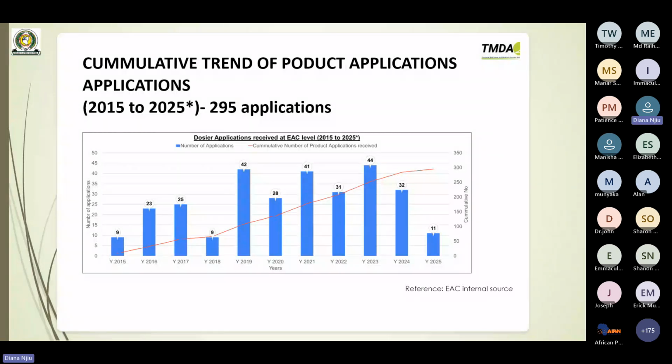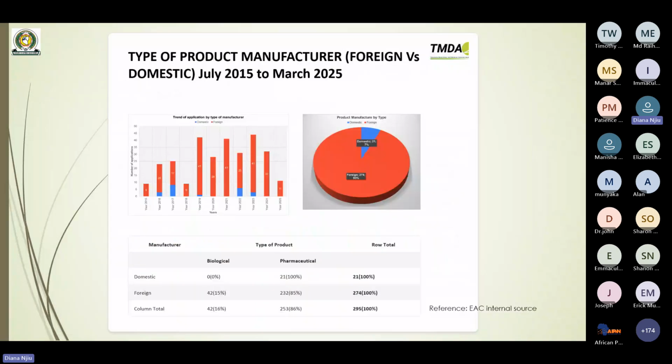And type of the product manufacturer. So when we look at comparing foreign and domestic manufacturers, we are receiving more applications from foreign manufacturers compared to the domestic manufacturers. So about 7% or only 21 applications from the domestic manufacturers, while for the foreign applicants, we have about 93% of applications received from that route.